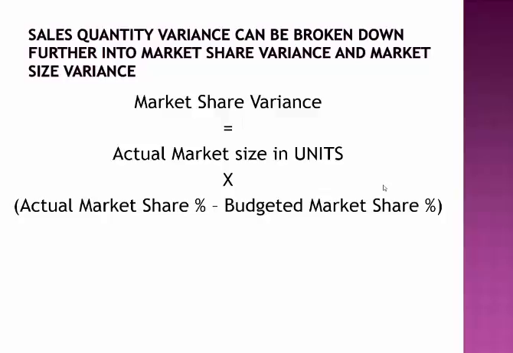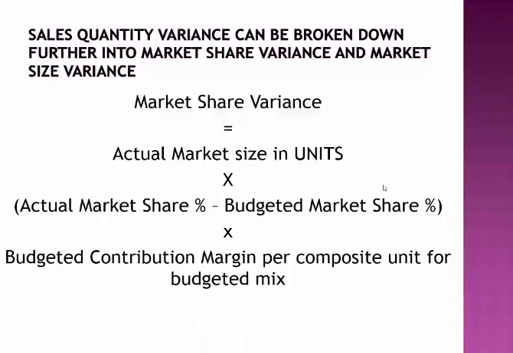Right, so for market share variance, we're looking at the difference between what we budgeted and what our actual market share was. And we can then multiply that number times our budgeted contribution margin per unit based on our budget information, and we would be able to come up with a number.